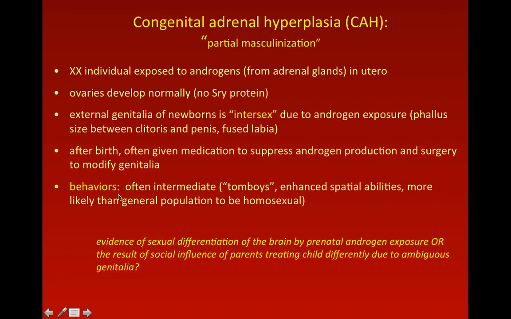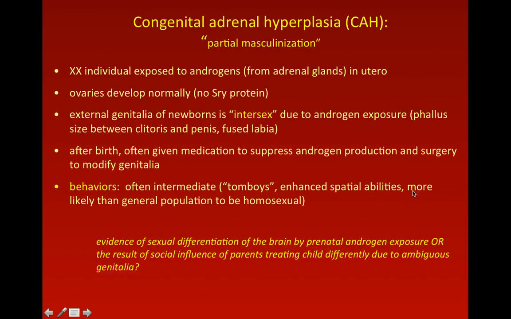And what psychologists and sociologists and medical professionals have observed is that the behaviors of these CAH girls, all females that were exposed to androgens, are often intermediate. They tend to be called tomboys more often than girls that do not have this condition. They have enhanced spatial abilities compared to non-CAH girls, although it is a subject of debate whether spatial abilities really even differ between males and females.